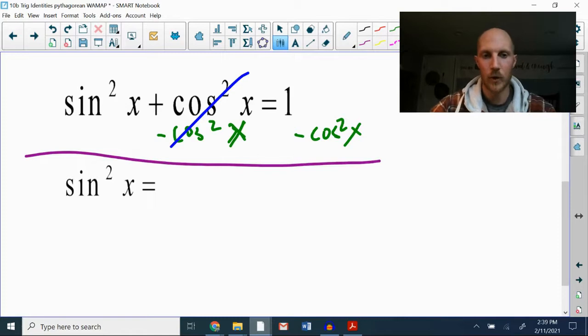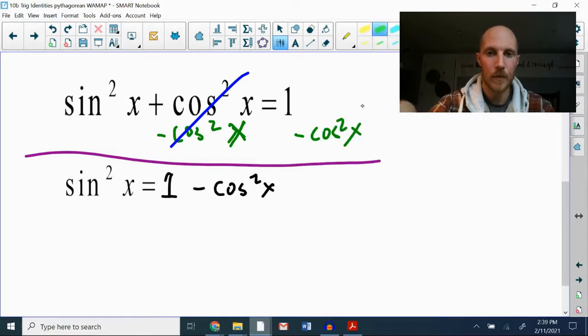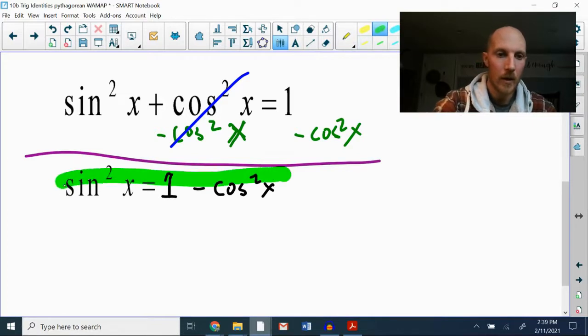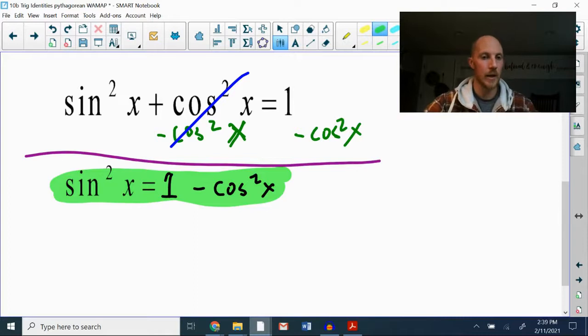The cosine squared of x's are going to cancel each other out. So my next line would be sine squared of x equals 1 minus cosine squared of x. And that is the third version of the Pythagorean identity that we've come up with so far.